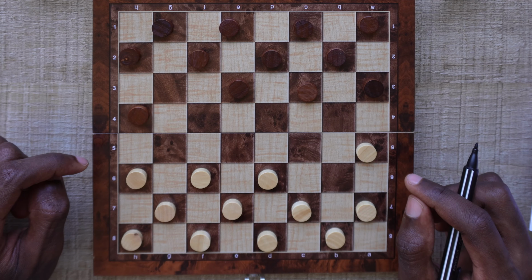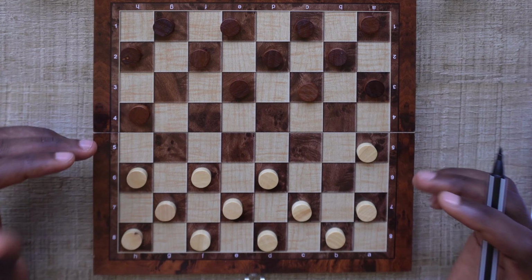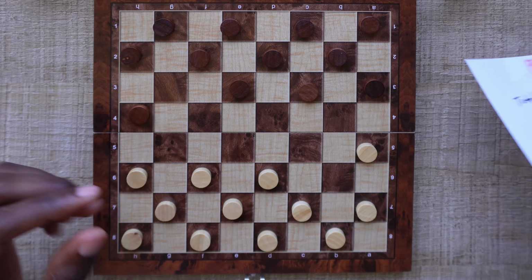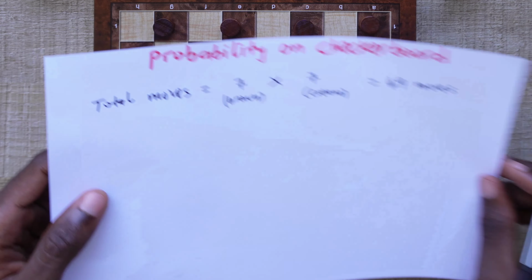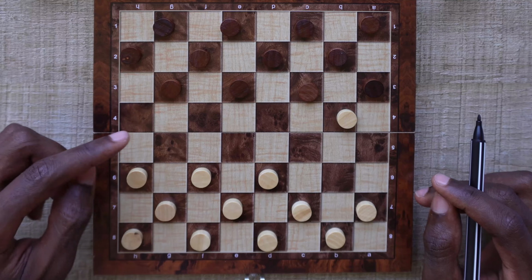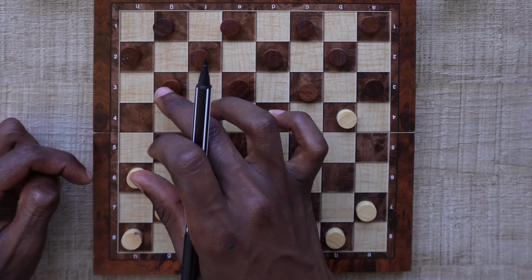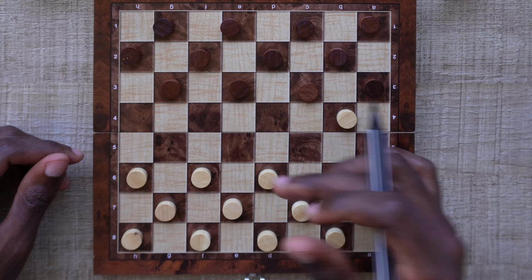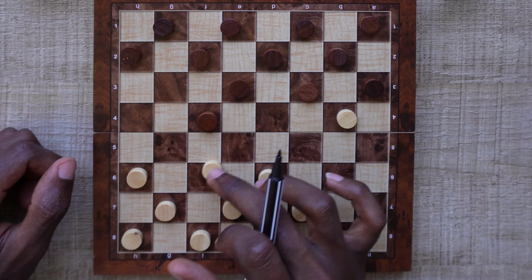Okay, then the next thing we want to do here is to try to find out how many of these 49 moves, or these 49 configurations, correspond to a situation where the pieces are on the same diagonal. For example, suppose the brown started by moving this piece like that, then the cream moved here.